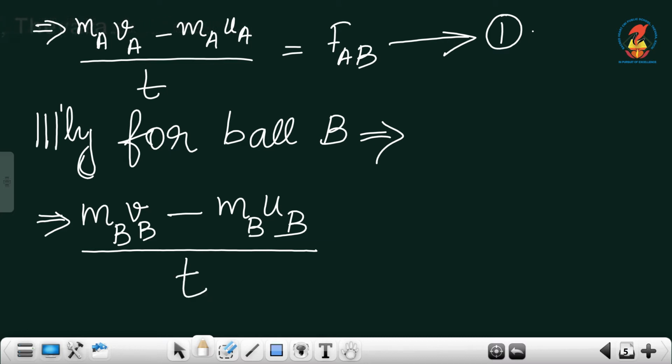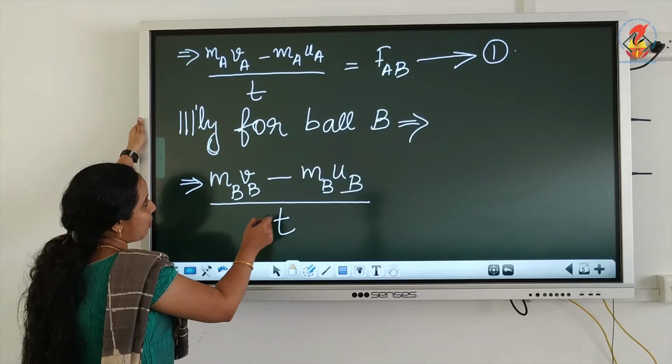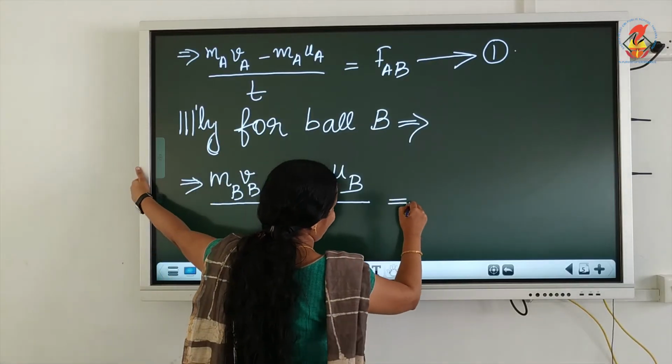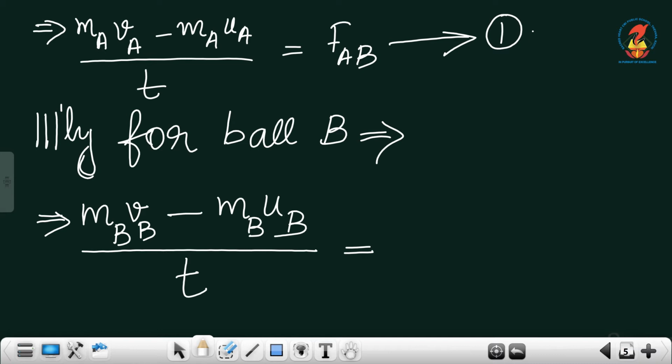By comparing this, we can write an equation for ball B, which is equal to the force exerted by ball B on ball A, FBA. Mark this as second equation.